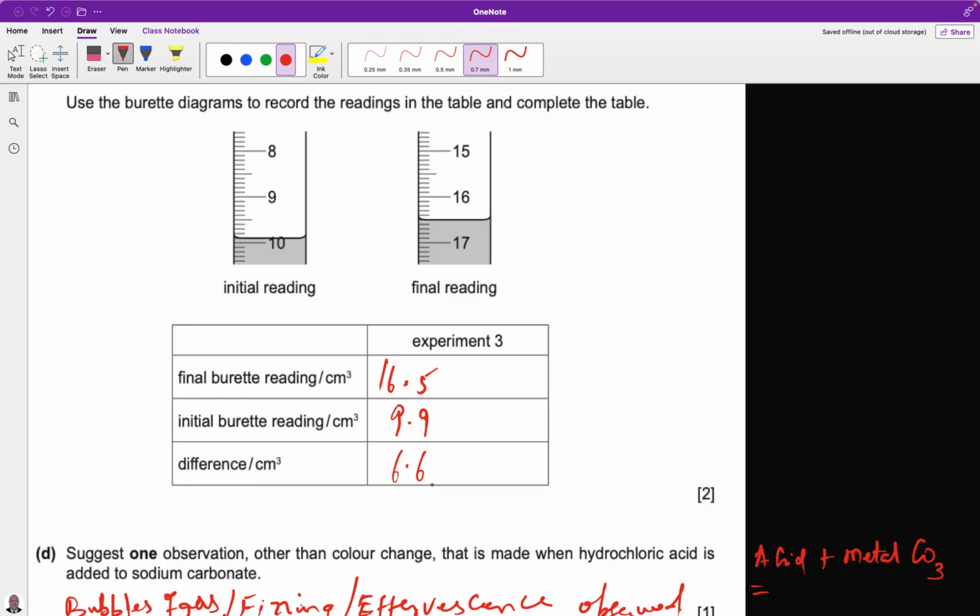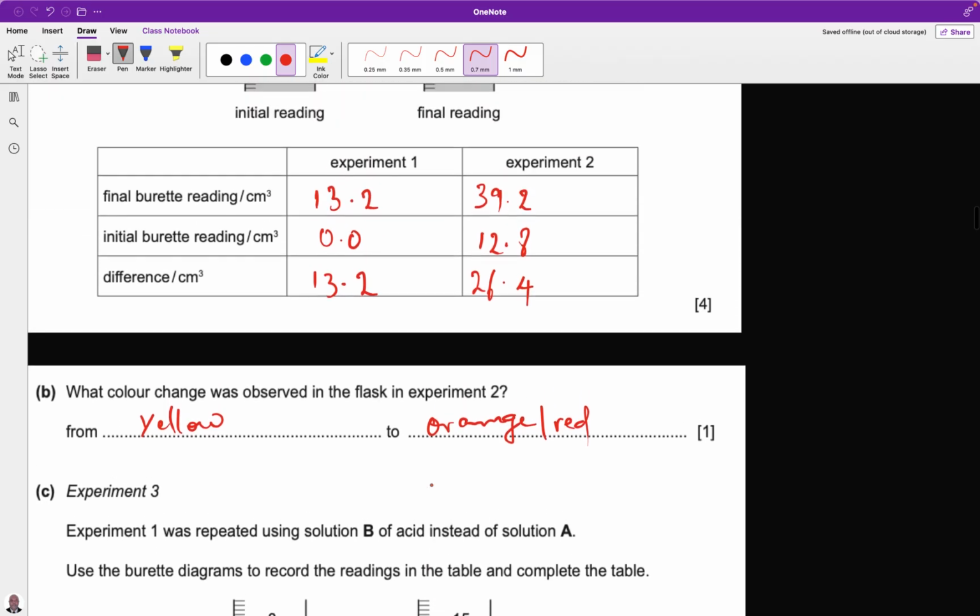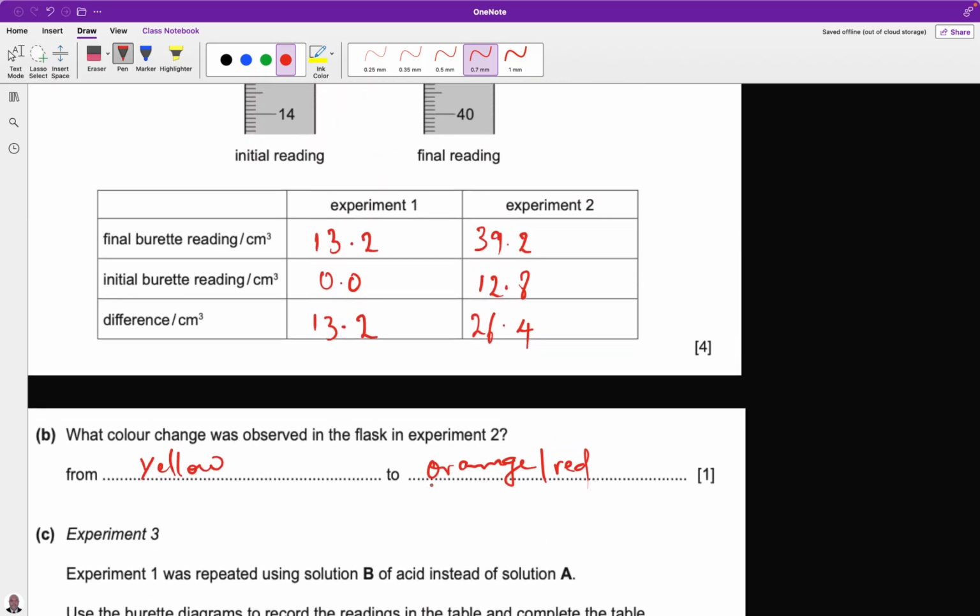Experiment 3 was 6.6. Experiment 2 was 26.4. Experiment 1 was 13.2. So which of the experiments used the largest volume of the acid for an endpoint to be attained?